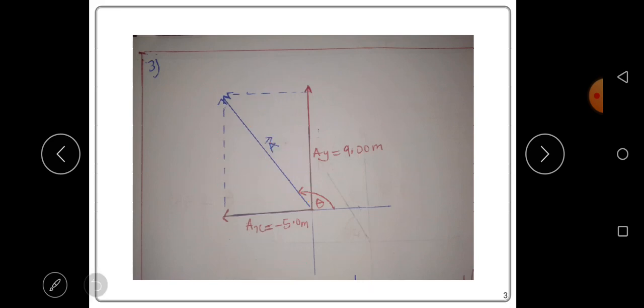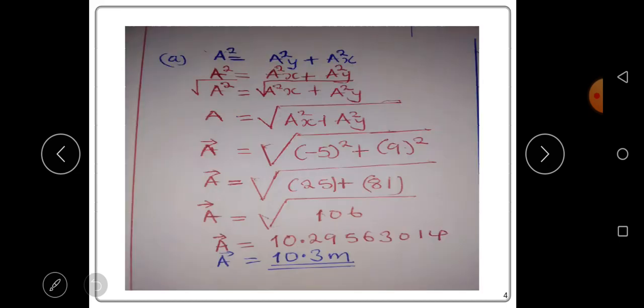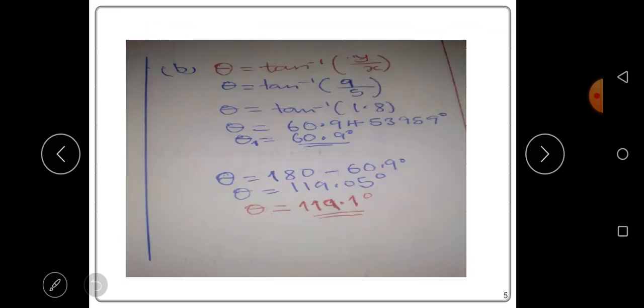Let's continue. The vector is in the second quadrant, so we are supposed to subtract 60.9 from 180. When we subtract, we get 119.05.